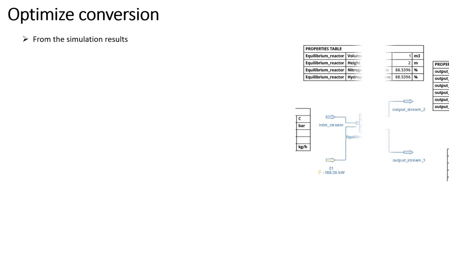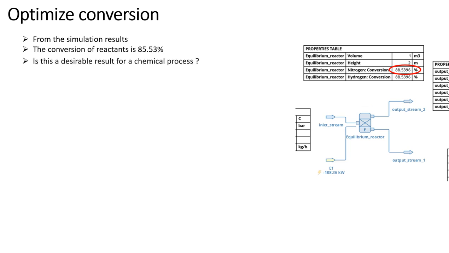When you see the results, you will realize the conversion of nitrogen is only 88.54 percent. This is not a good conversion for a chemical engineer. When we are producing products, the conversion should be close to 100%.